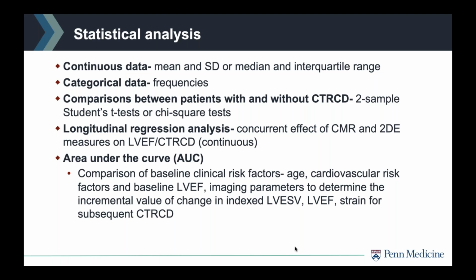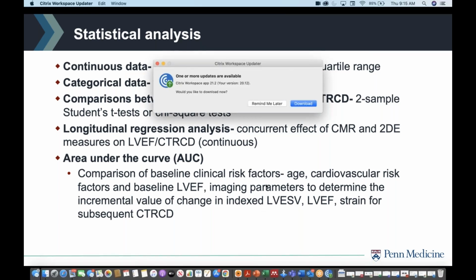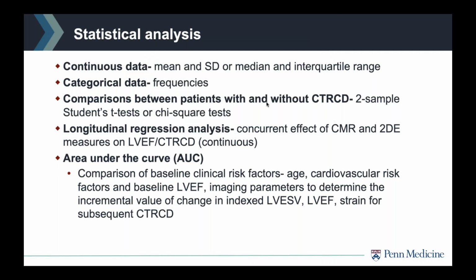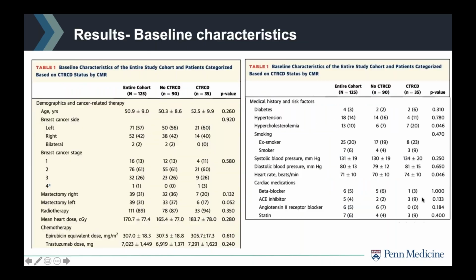Area under the curve was used to compare baseline clinical risk factors of age, cardiovascular risk factors, and baseline LVEF imaging parameters to determine the value of change in indexed LV end-systolic volume and LVEF for subsequent CTRCD.